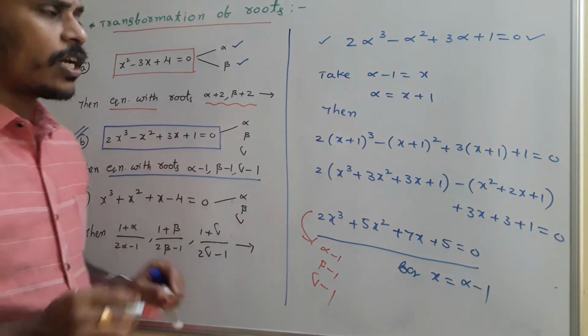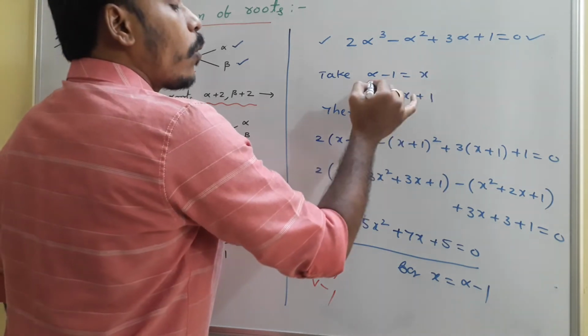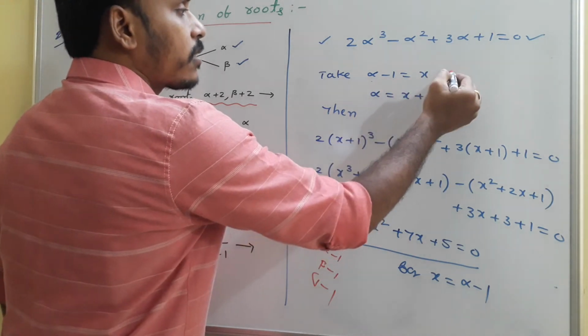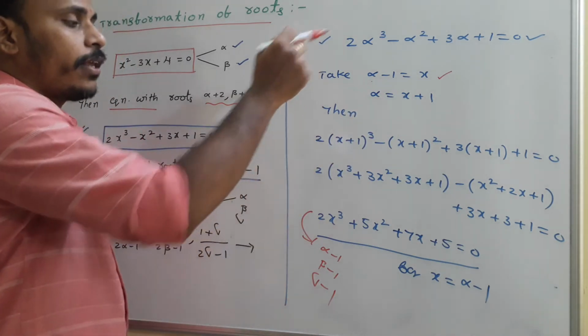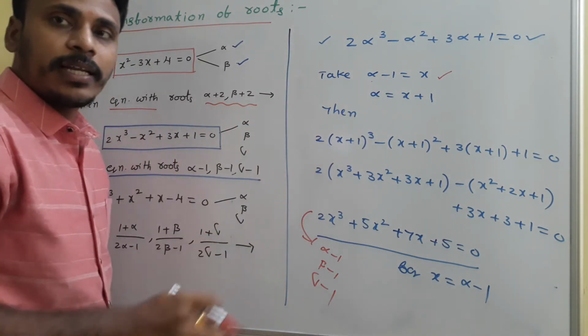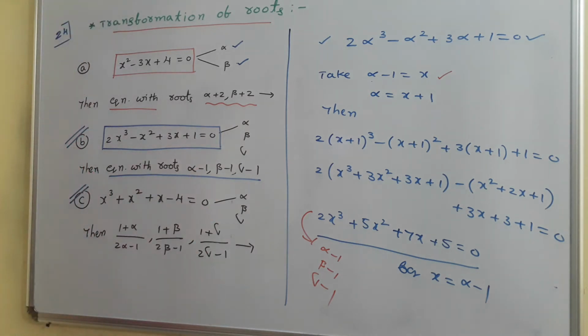So in a general way, you need to consider the required root as x. From there, locate alpha. Substitute in the given equation. Solve it. You will get the required equation. There is the problem. Once have a look and then I will discuss the next problem.